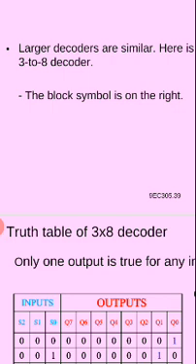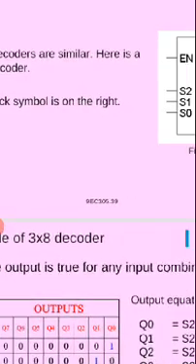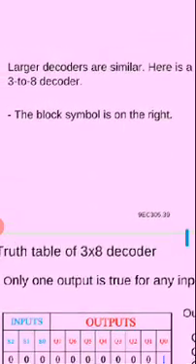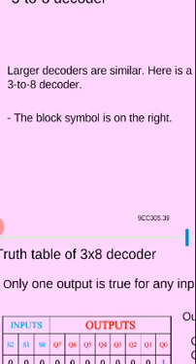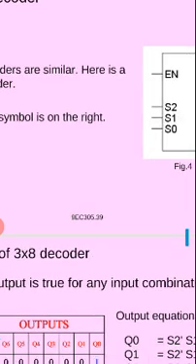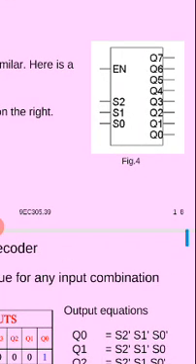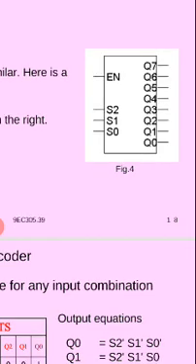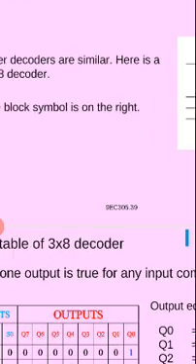Larger decoders are similar. Here is a 3 to 8 decoder. The block symbol is on the right side. The same figure is here. This is the block diagram shown.